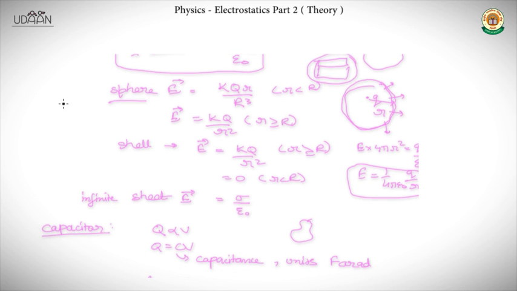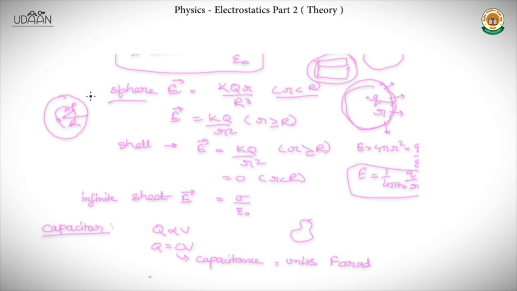Say for a uniformly charged non-conducting sphere, the E bar will be equal to K Q r by capital R cube for r less than capital R. See, this is capital R and this is small r, and this is the point P of our interest, and this is the center O. We can derive this simply by drawing a Gaussian surface here.